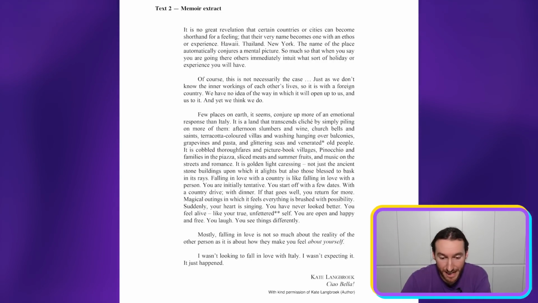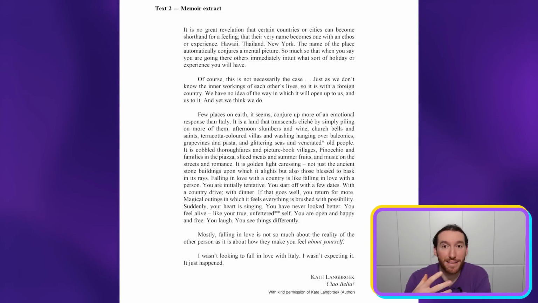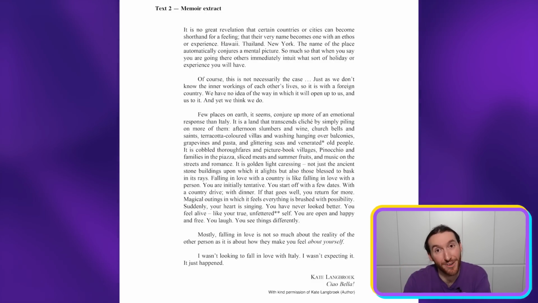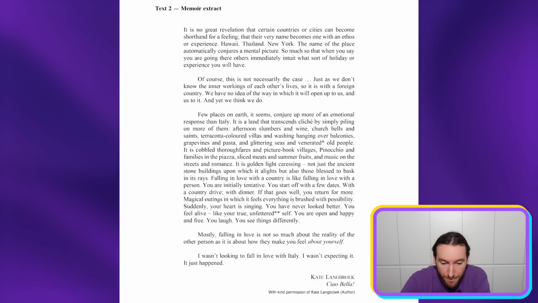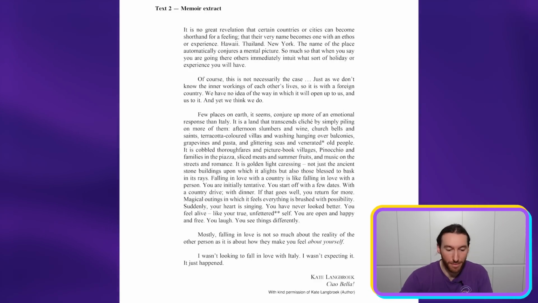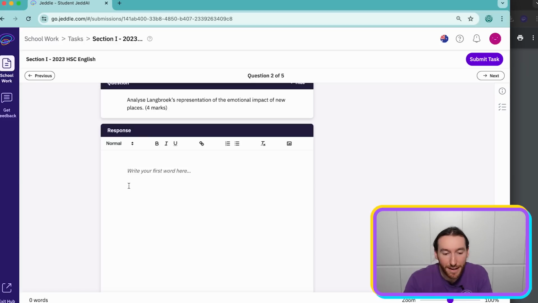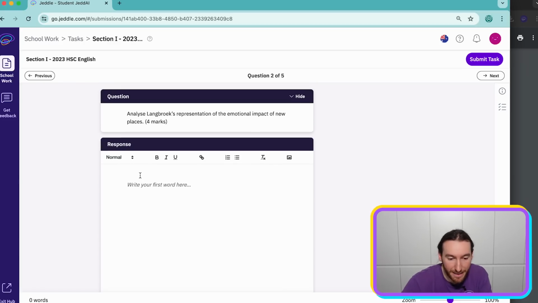That was the second point. The first point, we were saying how the emotional impact can come from its unexpected nature, the fact that we don't know what kind of impact a place is going to have. Okay, fantastic. So all of that together, we need to get our topic sentence and then just quickly write those up. You can just mentally brainstorm those on the day as you're doing the reading time. You'll do it very quickly, and then you can just flesh them out in a quick four sentences here.